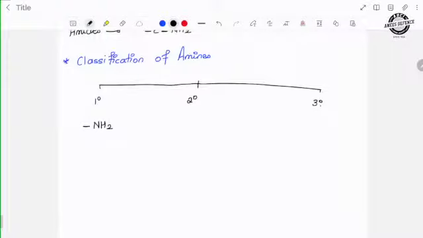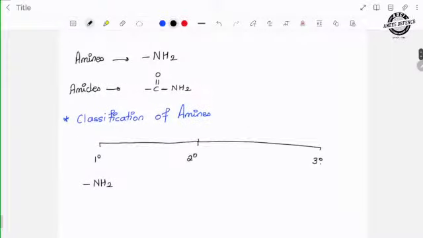Now we know the atomic number of nitrogen is 7, and the electronic configuration is 2, 5. So nitrogen has 5 electrons in its valence shell. The valency of nitrogen is 3.